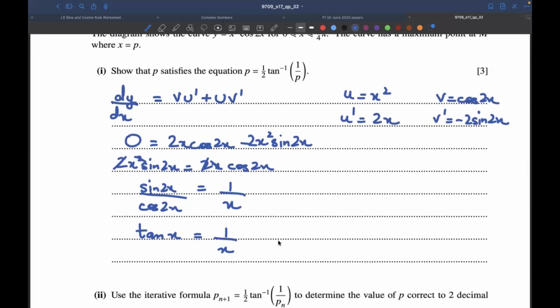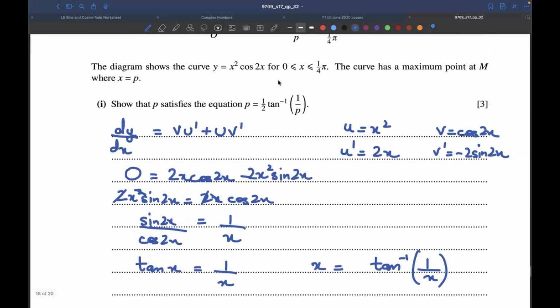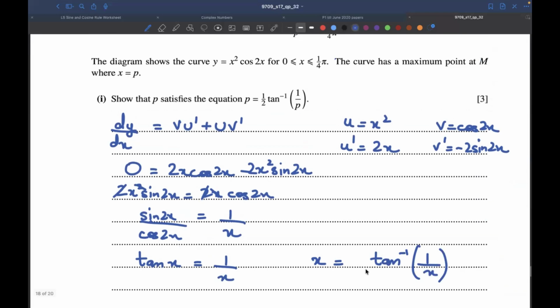Now, as we have to find x, if we take tan inverse over here, this will become x equals tan inverse of 1 upon x. But there is 1 upon 2 over here as well. We have x equals p, so that's fine.